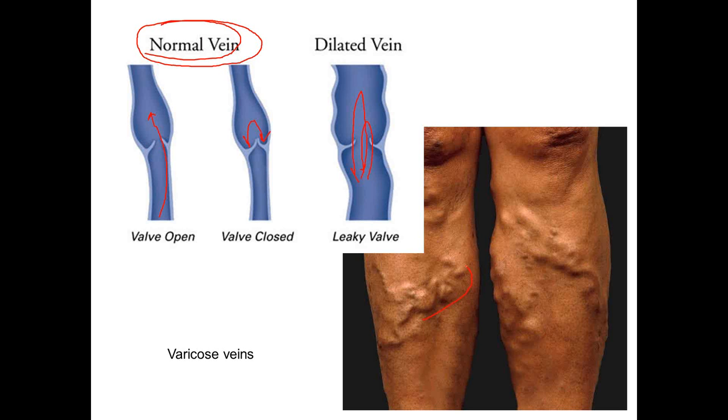And you can see quite dramatically here how the veins have become distended, and the blood is pooled into these veins. So this is pretty dramatic. But it is just to show you that veins have a set of valves to enable the flow of blood to go in one direction.